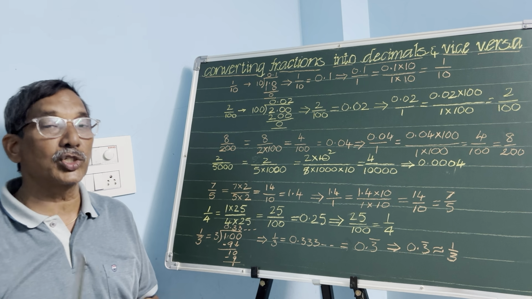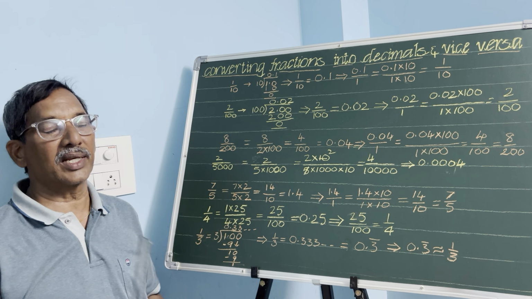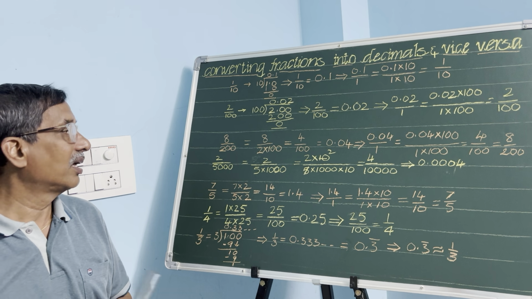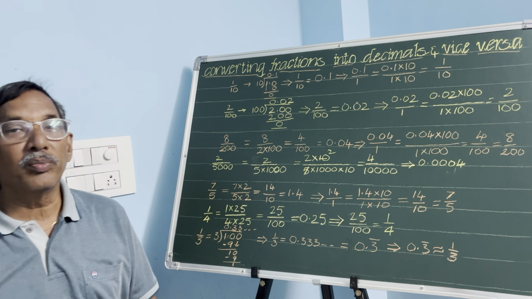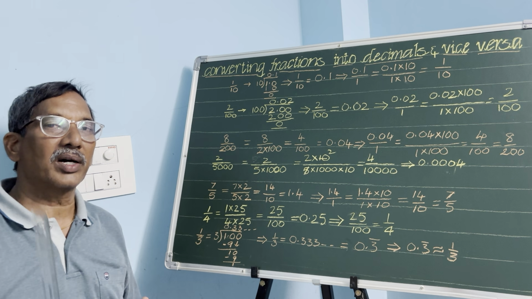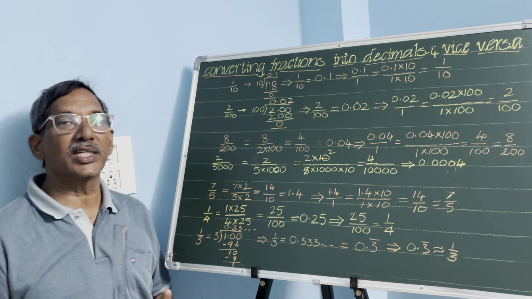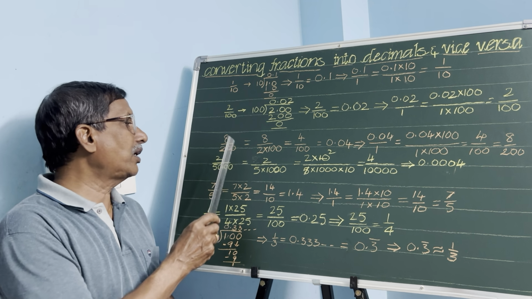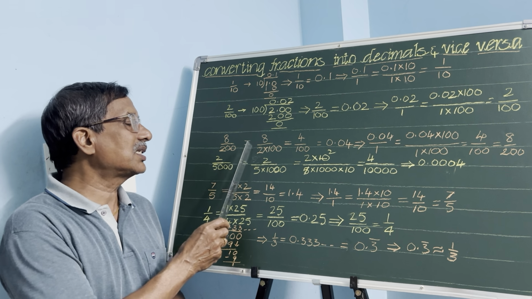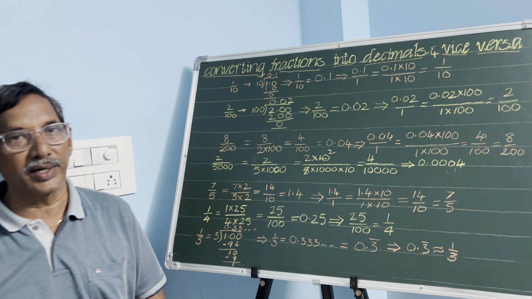If the denominator is not 10, 100, 1000, etc., then to make our calculation easier, let us write 200 as 2 into 100. So 8 by 200 is the same as 8 by 2 into 100.